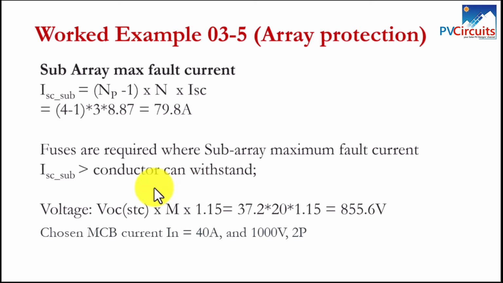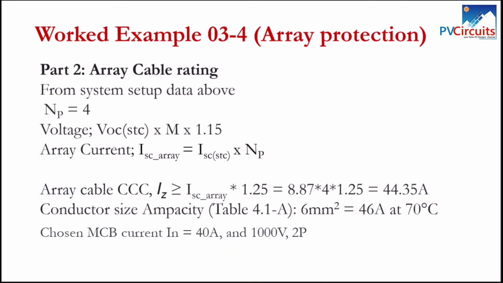If we check the voltage for the system, the total voltage running in the string is 855.6, and this is less than the 1000 volt rating of the system. So this is okay. Now our selected MCB is 40 amps, 1000 volts, 2-pole, and this of course is less than our calculated cable carrying capacity, and therefore the cable is protected.